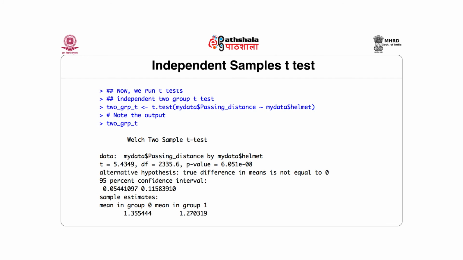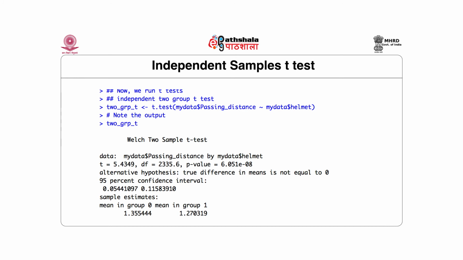This is an example where you see that there is one outcome variable which is continuous, and one other explanatory variable that is categorical.